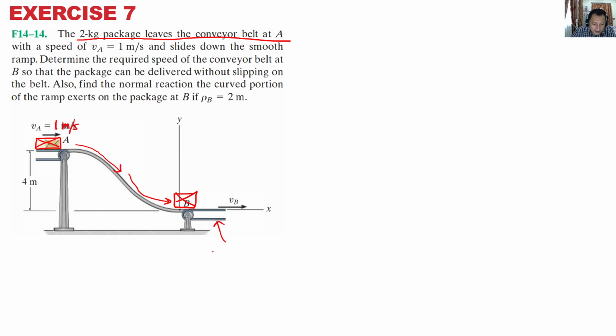This is a conveyor belt. So this conveyor belt has its own velocity. So you need to determine what the velocity VB is, I suppose, so that there will be no slipping. So the moment it drops down, it just travels nicely.